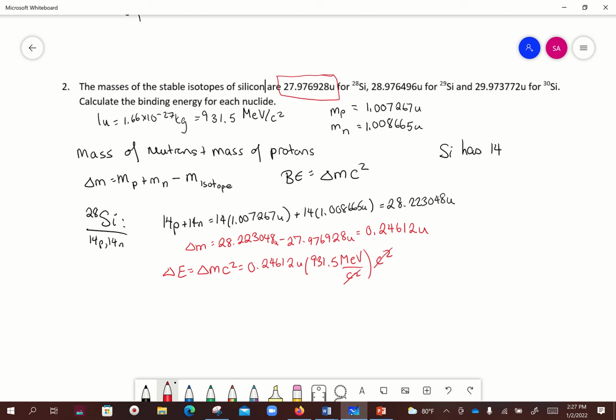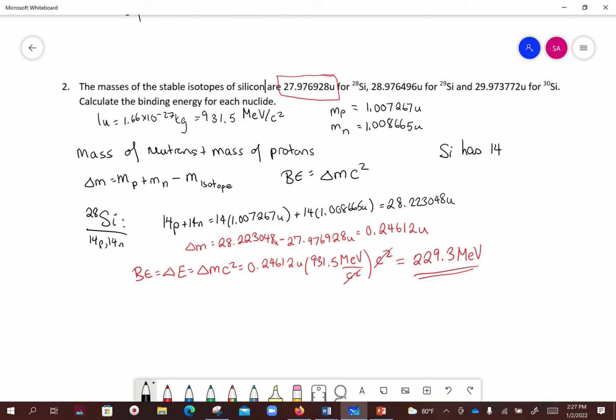So I never actually have to put in my number of 3 times 10 to the 8 for c. So I get 229.3 mega electron volts. So that's million electron volts. So that's my binding energy. Okay, so the nucleus itself weighs less than the constituent parts, and so that gives it a lower energy than the constituent parts, and so that means that it's a more favorable state for the nucleus to be in.